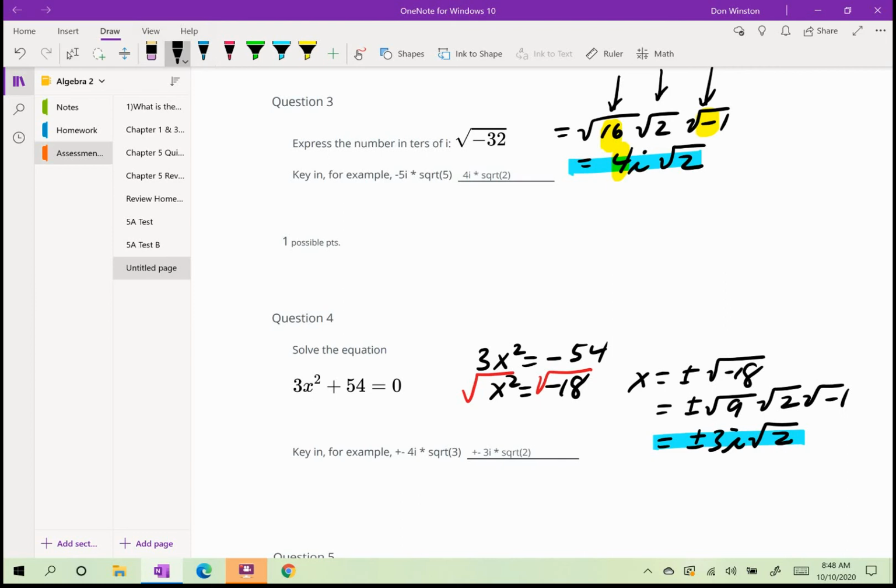Again, the largest perfect square factor of 18 is 9. 9 times 2 is 18, and then times the square root of -1. Square root of 9 is 3, and the square root of -1 is i. So here, plus or minus 3i. Notice we have plus or minus for solving for x squared.